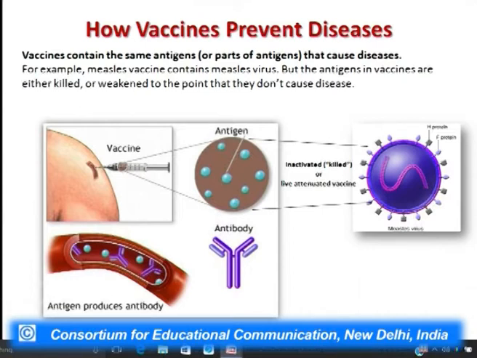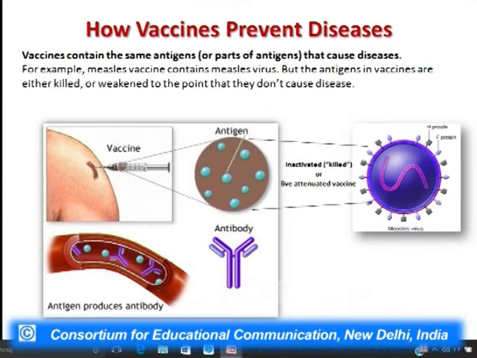Now, as you can see, the blue one is the measles virus. The part of this measles virus, or maybe the entire virus, is attenuated or weakened and used as an antigen in the vaccine. In the blood vessel, you can see the blue colored Y-shaped antibody, which is specific to this particular antigen, the measles virus.